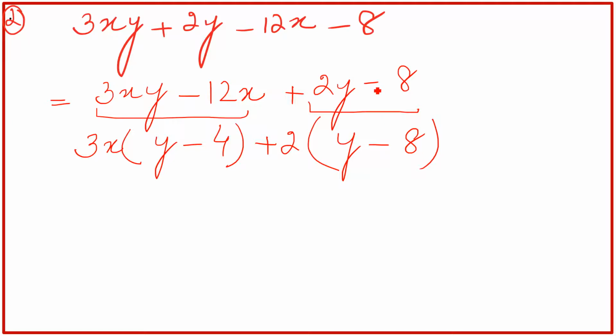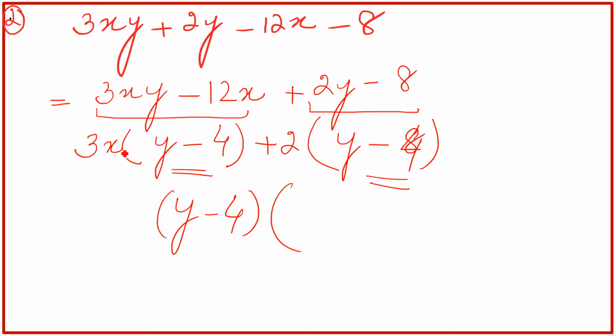This sign will not change if we take positive as a common, but if we take negative as a common, all the signs inside the parenthesis will change. So see, both the parentheses are the same, y minus 8, y minus 8. Sorry, this is 4, not 8. So y minus 4 we can take one time as a common. What is left? Multiply by 3x plus 2.